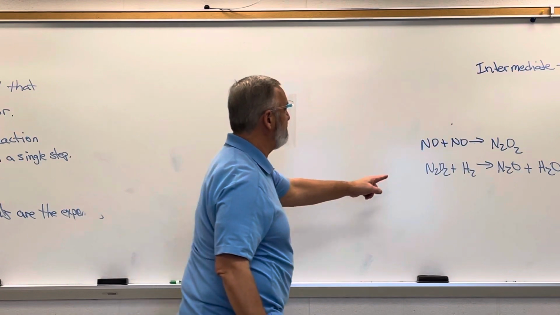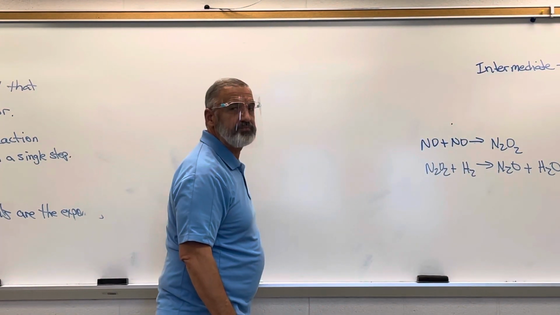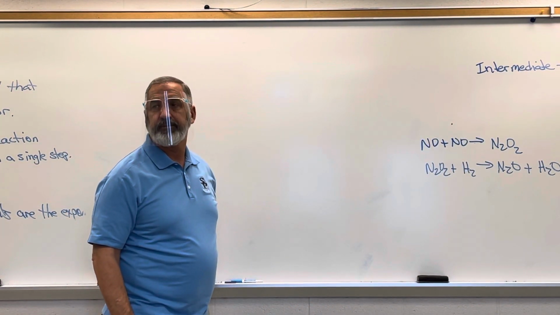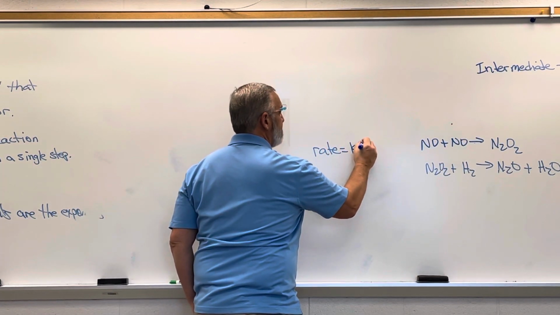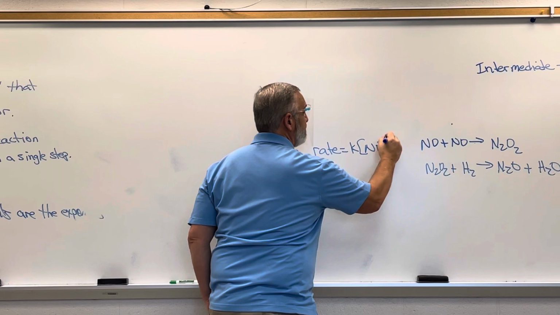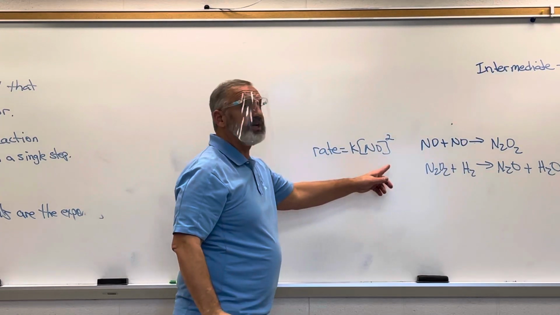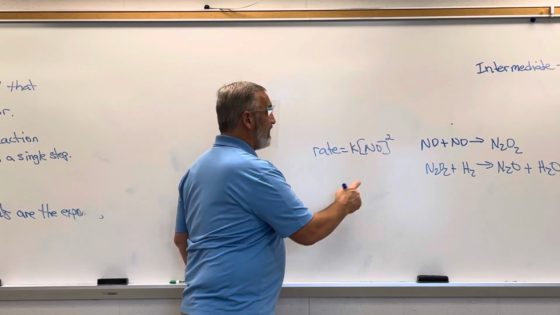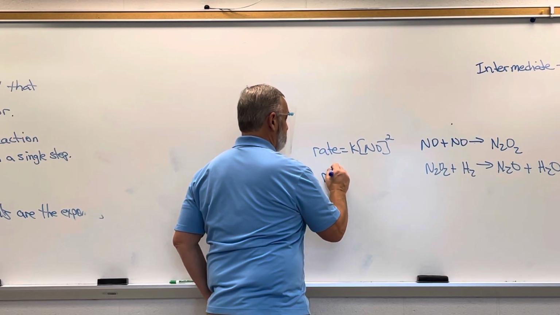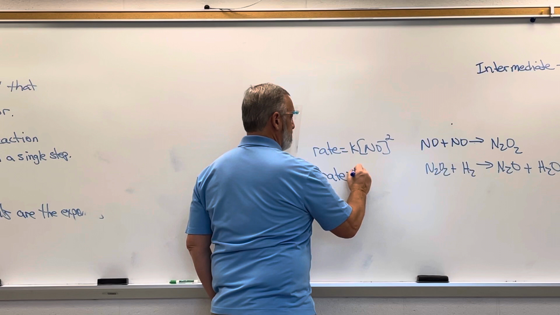What's the rate law going to be for this one? Rate is going to equal K times NO, because it's really 2 squared, NO times NO, which is going to be NO squared. What's the rate law of this one going to be? K N2O2.